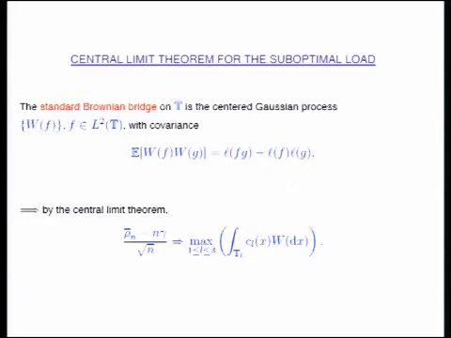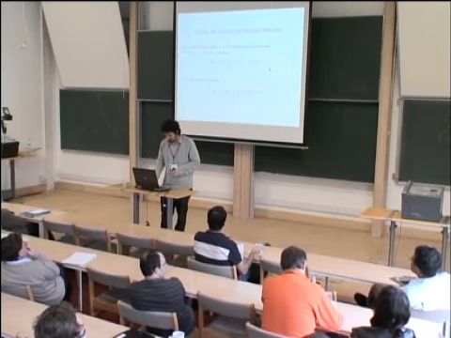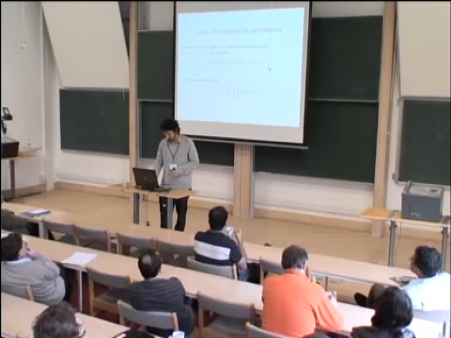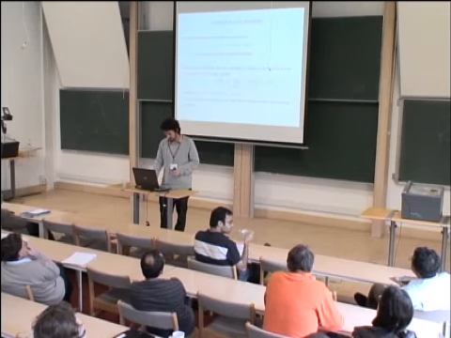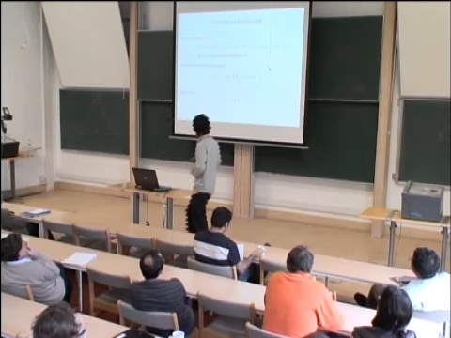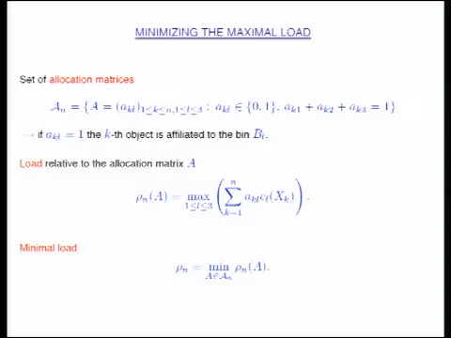So rho bar is the suboptimal one. So we'll see that there is another one. So what is rho n again? Rho n is the cost which minimizes, among all allocation policies, the maximum of the load in each bin.